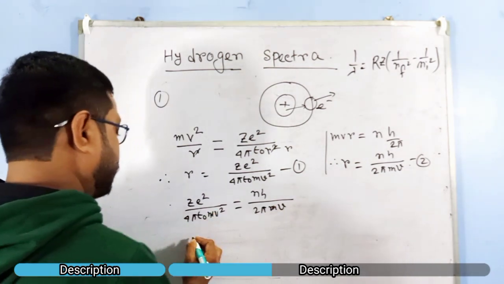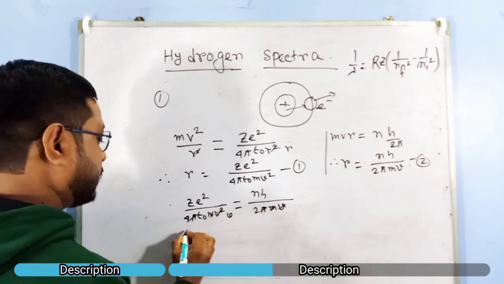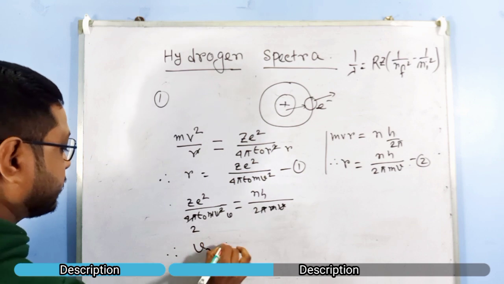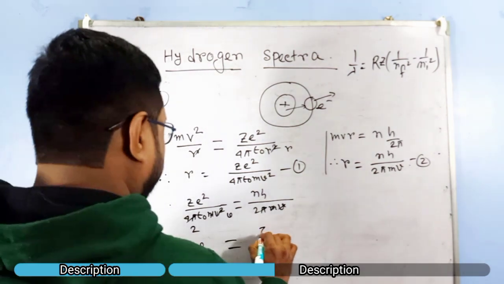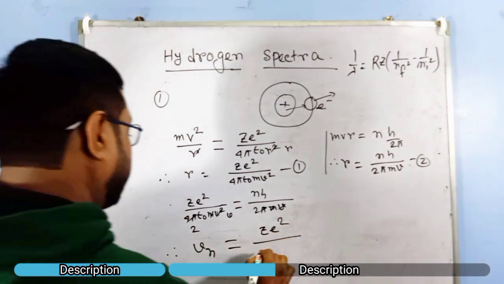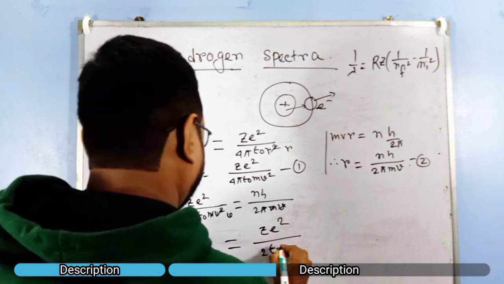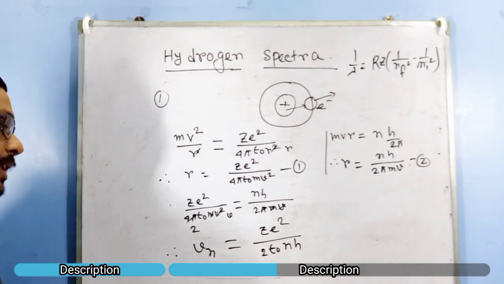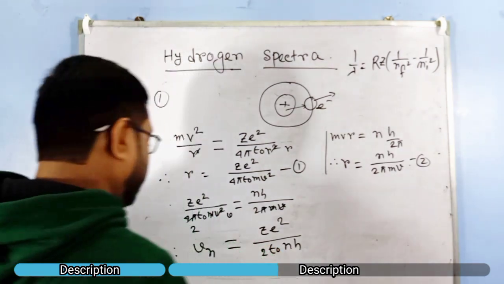Cancel, v is common here and 2 pi is cancelled. Therefore, we can get the value of Vn, that is the velocity in the nth orbit. We get Z e square by 2 epsilon naught n h. This is the value of Vn.